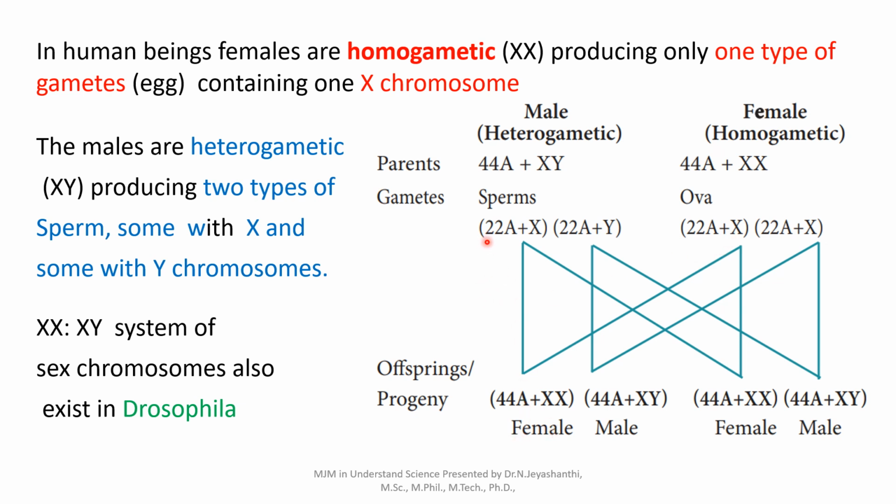The sperm which contains 22A plus X, when fused with egg, produces female. The sperm 22A plus Y, when fused with egg, produces male. Sex of the offspring depends upon the sperm which fertilizes the egg. This type of XX-XY determination also exists in Drosophila.